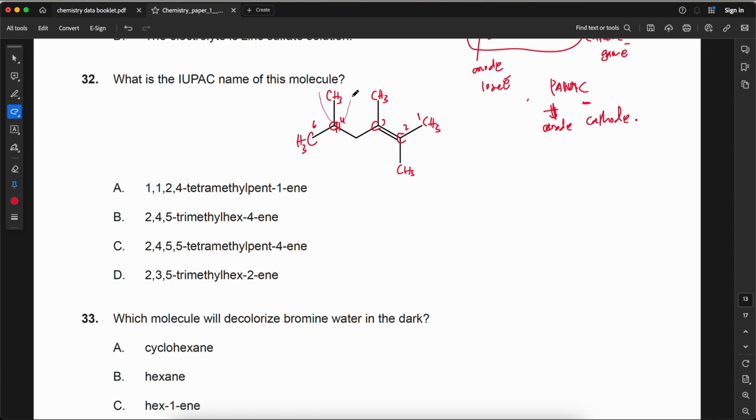The alkyl will be at 2, 3, and 3. There is one more C right here, which is CH2. So 3, 4, 5, 6. The methyl will be at 2, 3, and 5.